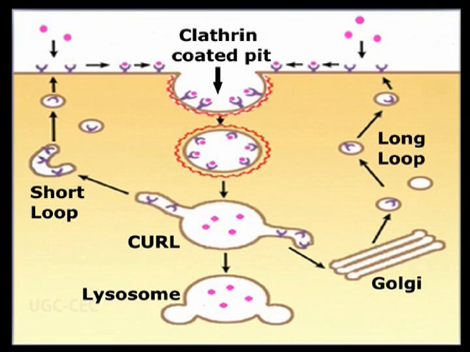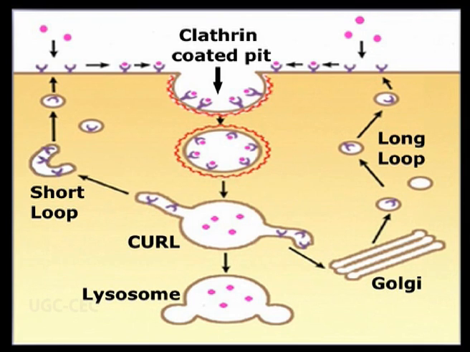The two pathways also differ in their processing of the internalized ligand-receptor complex. In the nutrient pathway, the endocytotic vesicle called an endosome or receptosome becomes acidified via an ATP-dependent mechanism. At about the same time, slender tubules begin to emerge from the surface of the vesicle. This entire complex has been called CURL, which stands for compartment for uncoupling of receptors and ligands.